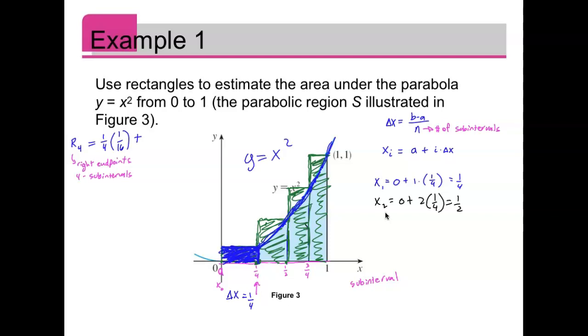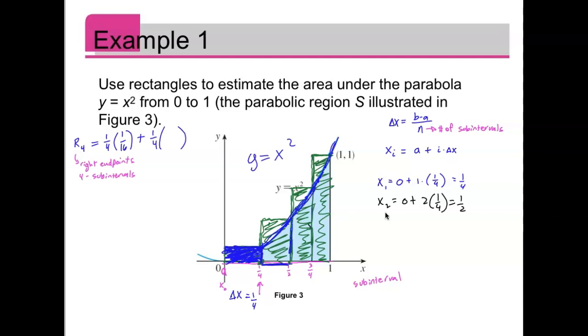Second rectangle, what's the base? This base? Still 1/4. They're all 1/4 for the base. What's the height? The height, I'm now plugging in this x value, right? And squaring it. So what's the height going to be? 1/2 squared is 1/4 plus. Now I've done that rectangle.